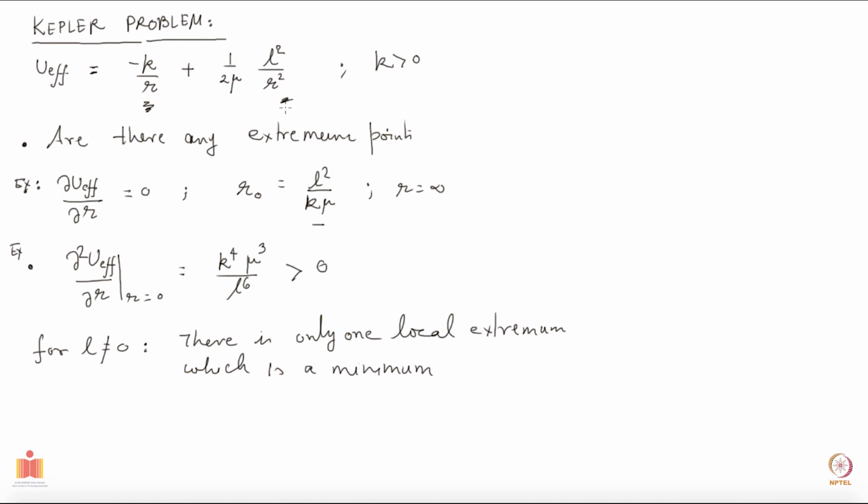Yes, that as r goes towards 0, your potential will blow up, and it will blow up in the positive direction, because this will blow up faster than this one. So for very small r, really towards 0, you can forget this one, and this one will control the behavior of U effective. So this is the kind of graph you expect for U effective for the Kepler problem.